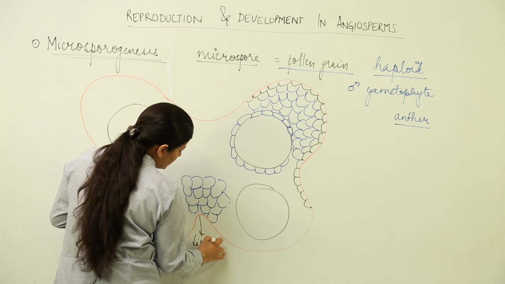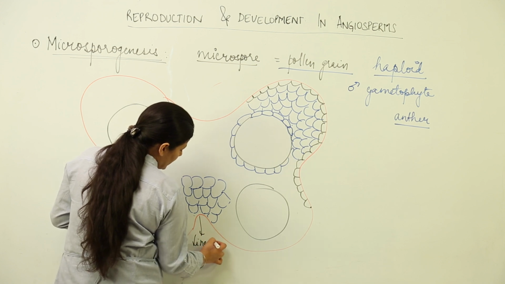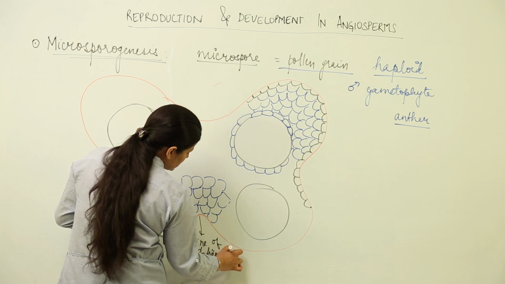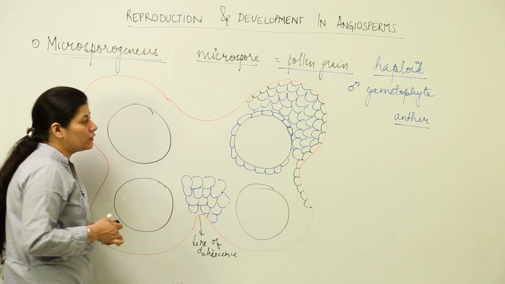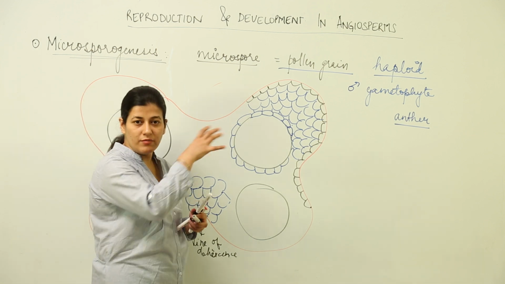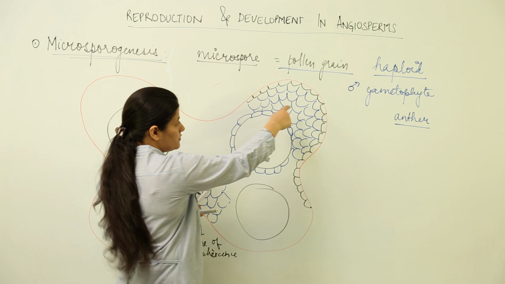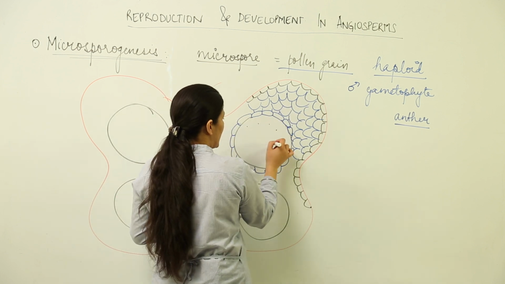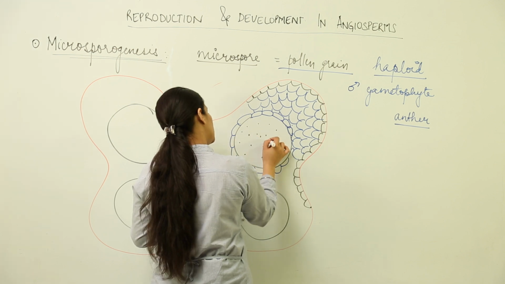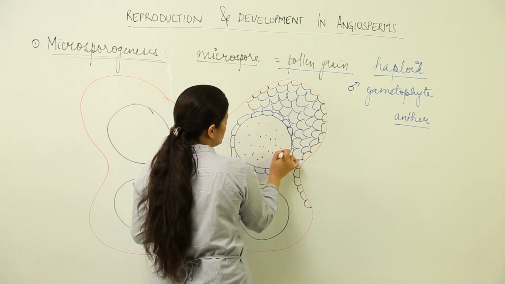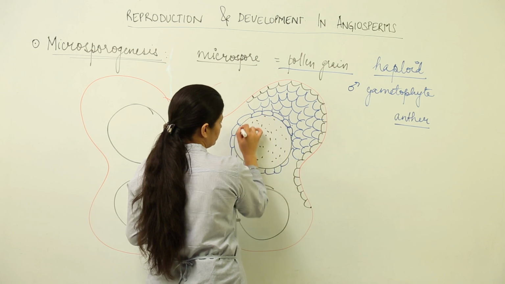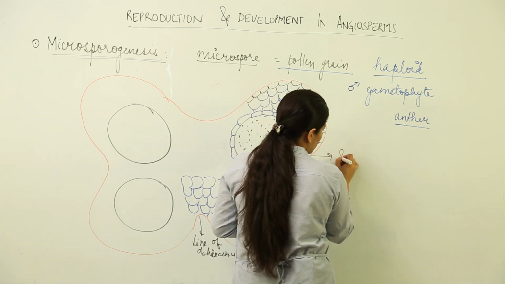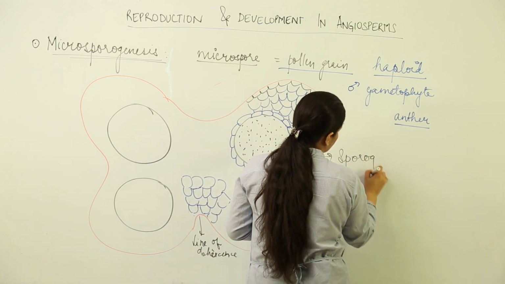I hope you remember the previous lesson where we had talked about the structure, anatomical aspects of this anther. Now we have endothecium, we have middle layers, we have tapetum that is being represented over here. We are concerned about this region, and this region has lots and lots of sporogenous tissue. This part is having sporogenous tissue.